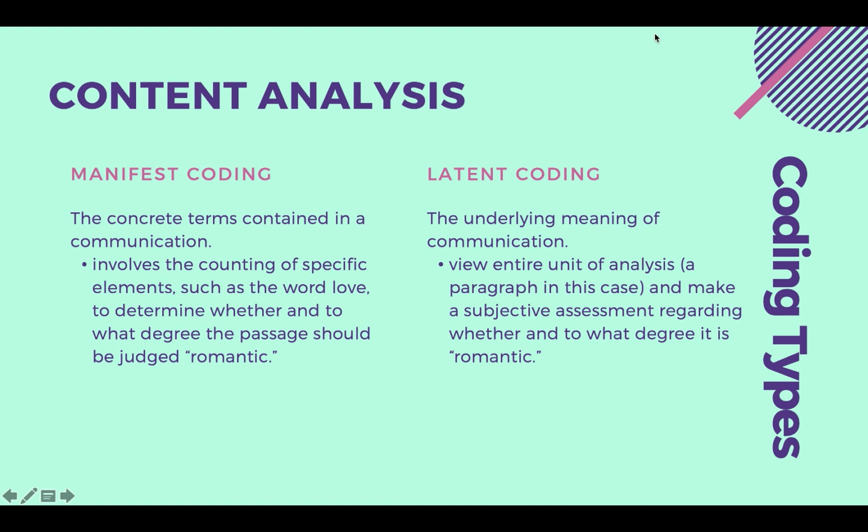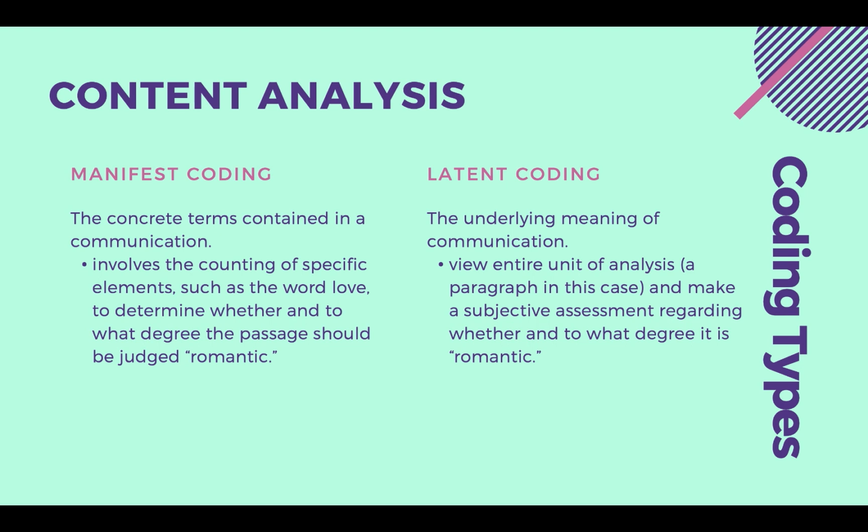Next, we have several coding types. We have manifest coding and latent coding. So when we're talking about manifest coding, we can think of anger or romantic. How do we know if a book or a sentence or line or paragraph or a passage is considered romantic? Well, we have 2 ways of approaching this. The manifest way would say we're going to count the number of times this passage or this sentence or this line or this page or this whole book use the word love.